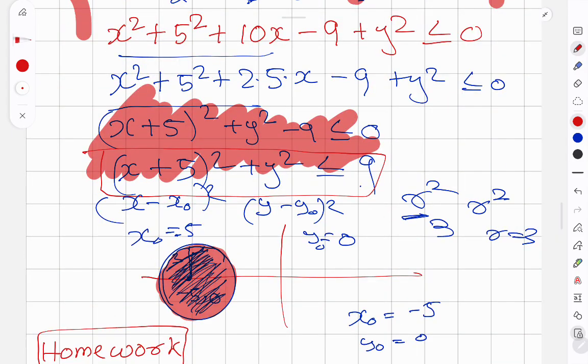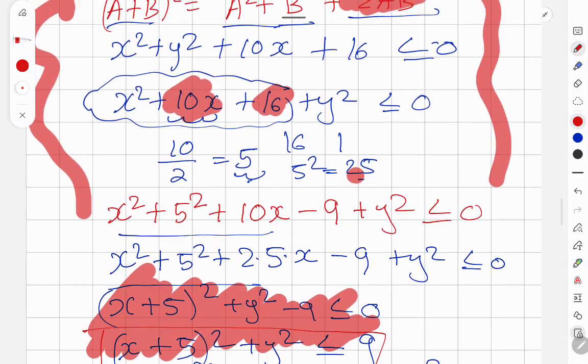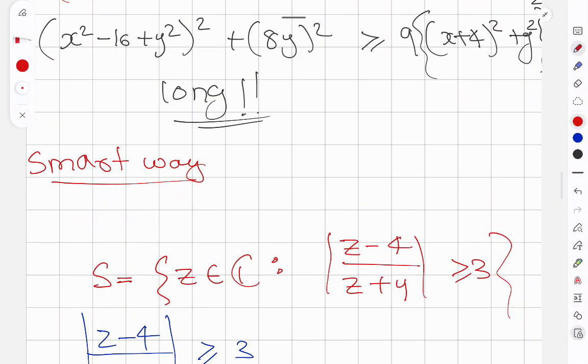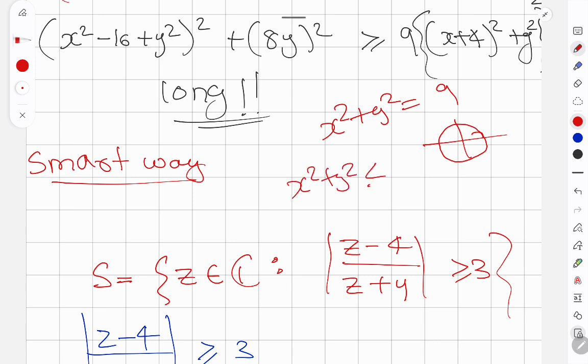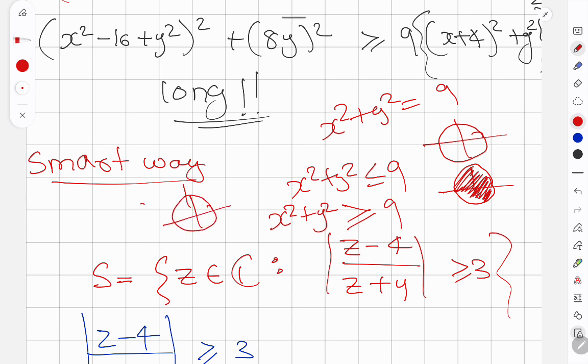It's a good question actually. Where is the empty space? x square plus y square equals 9: the graph of the circle will be this one. x square plus y square less than or equal to 9: it will be this circle, but all the solutions inside it will be part of this. x square plus y square greater than or equal to 9: this will be this circle, but the solutions are outside.